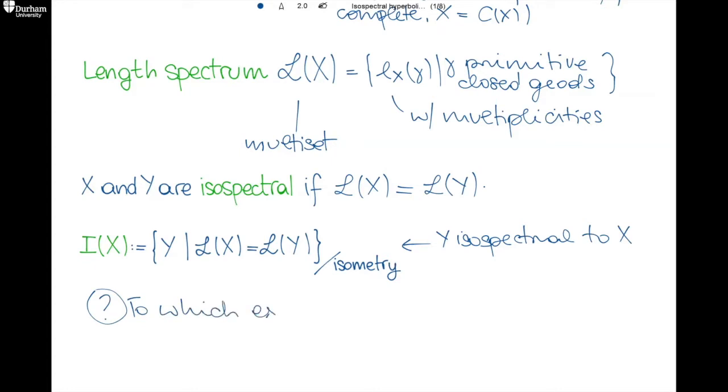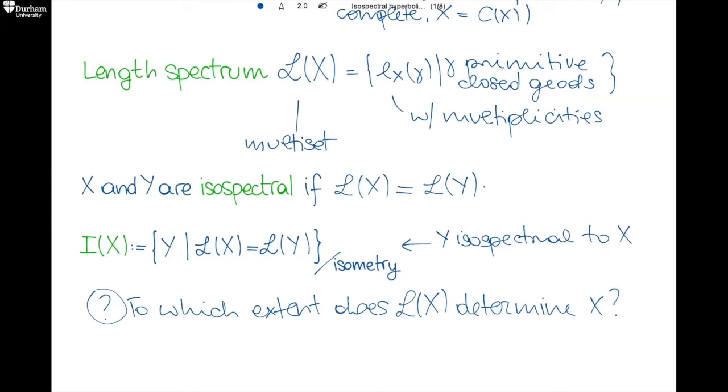To which extent does the length spectrum determine X? So if I give you a set that I know is the length spectrum of something, can you tell me what's the surface I was starting with?